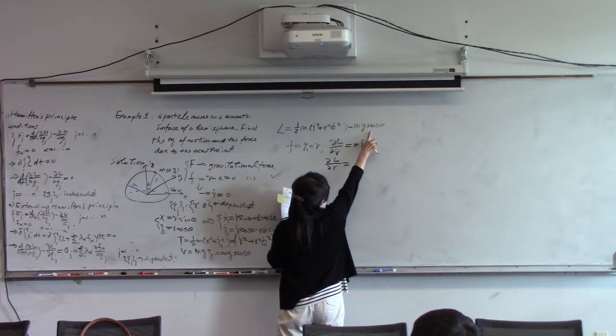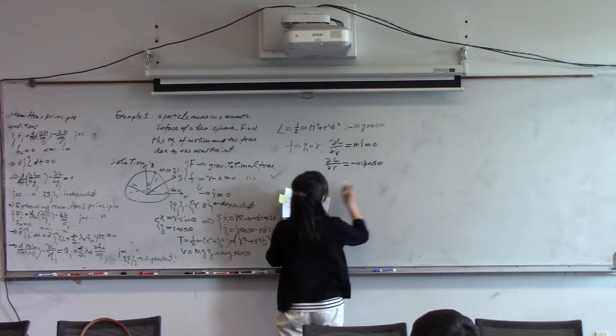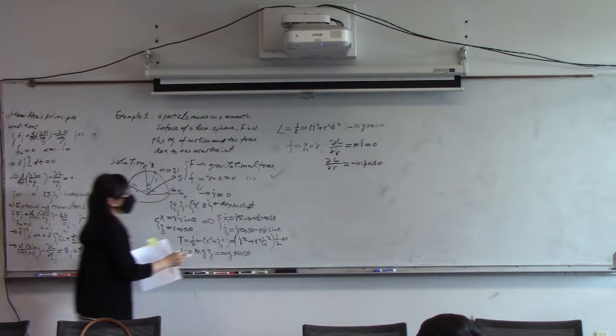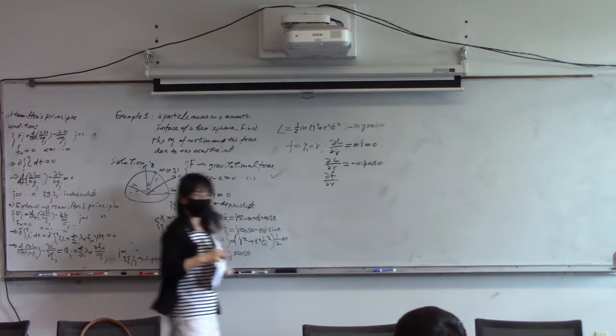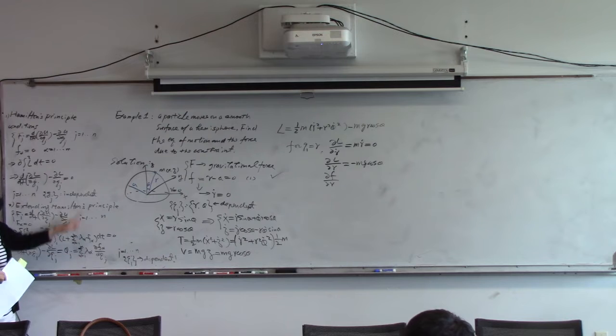Then partial L, partial R. Do we have R? We have R here, right? Minus mg cosine theta. Then here, partial f, partial R. Sum over all alpha here, we only have 1, so alpha equal to 1. So we only have one equation of constraint.